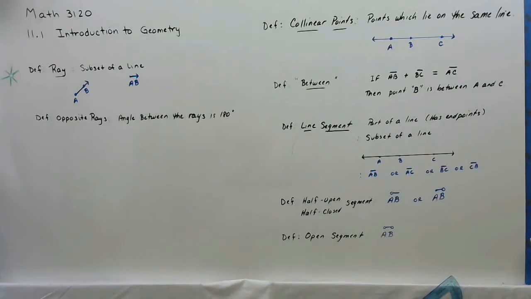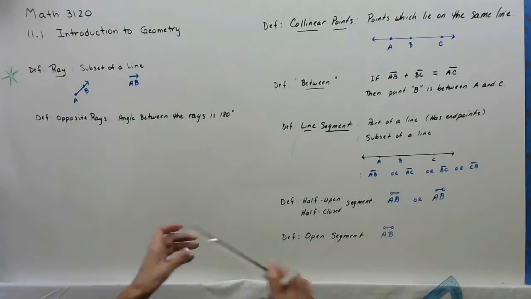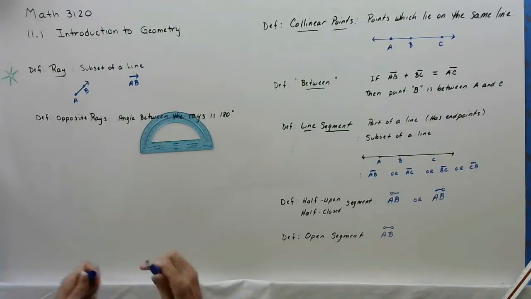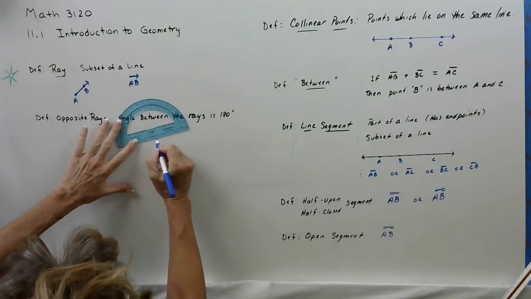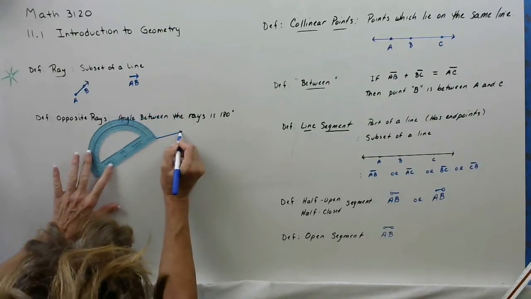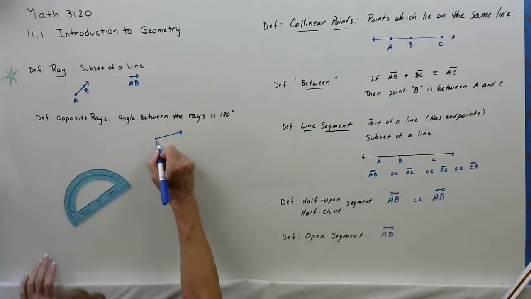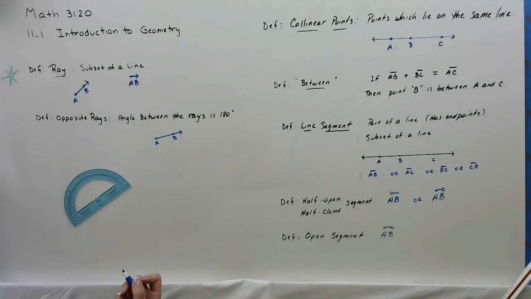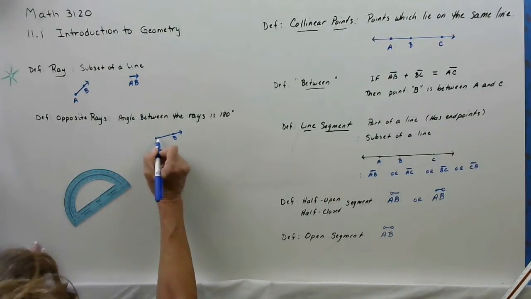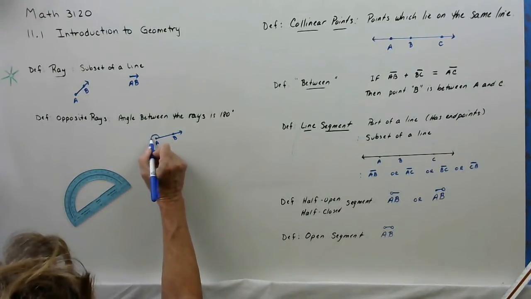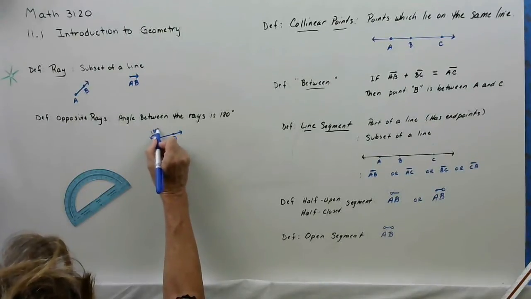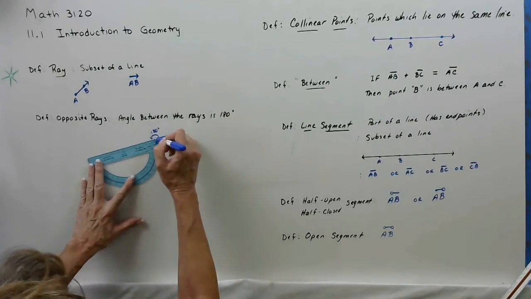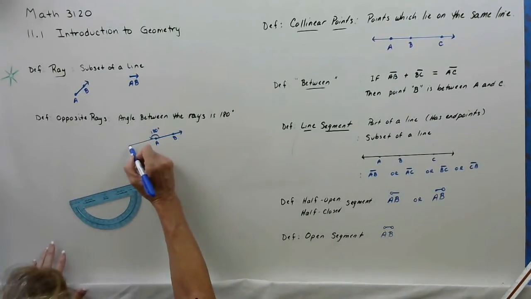So if I'm drawing that, well, that would mean that I would start with one ray. So maybe I have this ray right here, and maybe this is going from A through B. So there's a ray. But now the angle between them has to be exactly 180 degrees, which means that this is heading in the exact opposite direction.